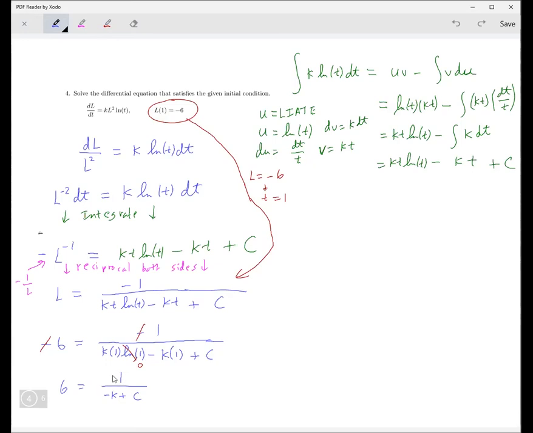Okay, so what we need to do is solve this for C. Initial condition means solve for the constant, solve for this C right here. So take the reciprocal of both sides, and you're going to get C is K plus 1/6.